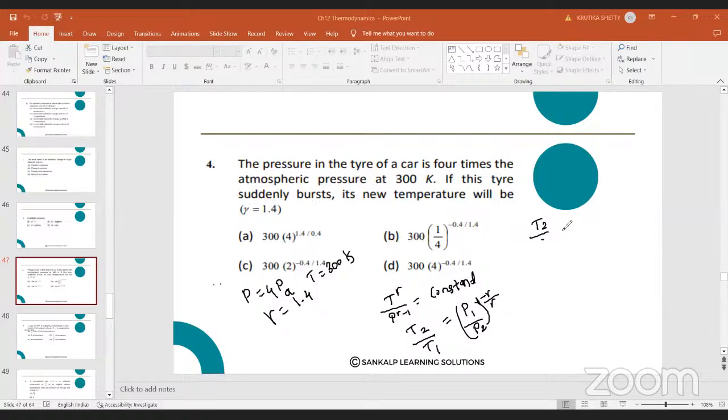T2 is equal to T1, which is 300, into 4 upon 1 to the power of 1 minus 1.4 upon 1.4. So if I simplify, T2 is equal to 300 into 4 to the power of minus 0.4 upon 1.4. So which option?